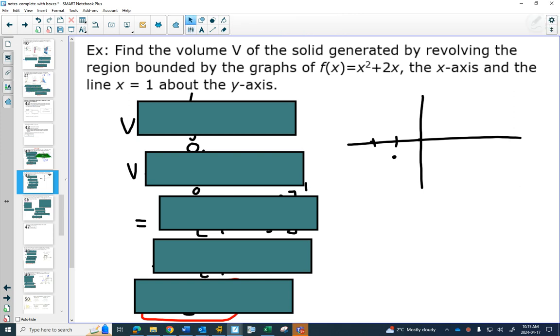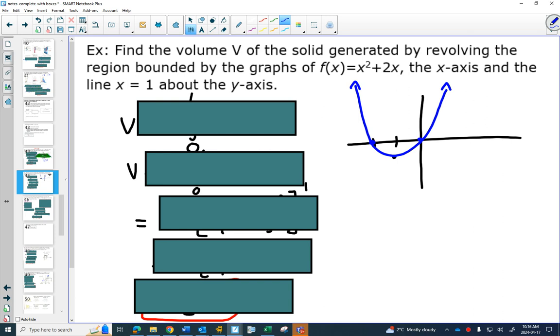So first of all, if I was graphing x squared plus 2x, I might find my two x-intercepts by factoring out an x. I'd get minus 2 and 0, and I would draw my parabola in blue, opening up, looking like this.